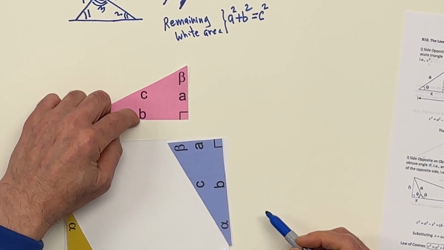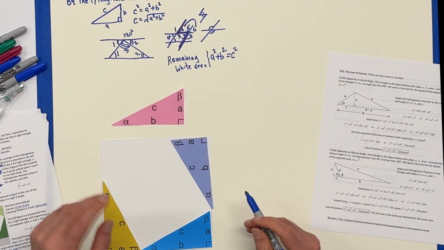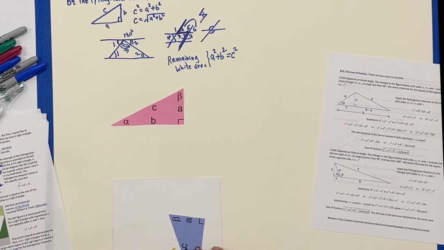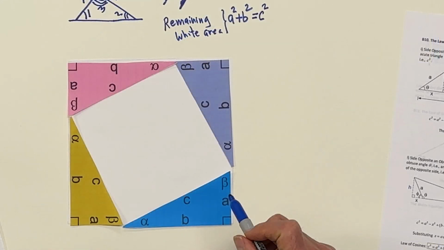Here I just labeled that one b, labeled that one a there. So it doesn't matter, it works. So isn't that cool? That's a nice theorem, and that dates back many, many years to Pythagoras, the Greek mathematician.